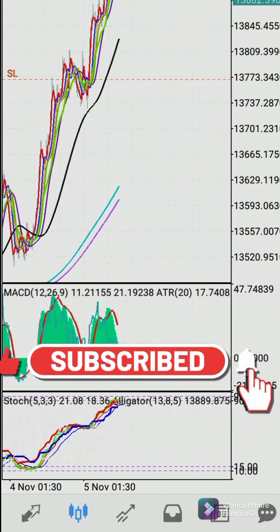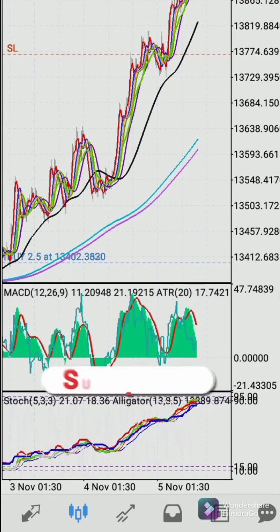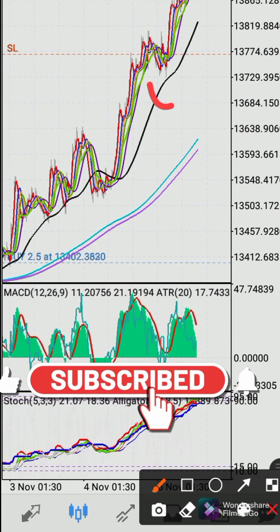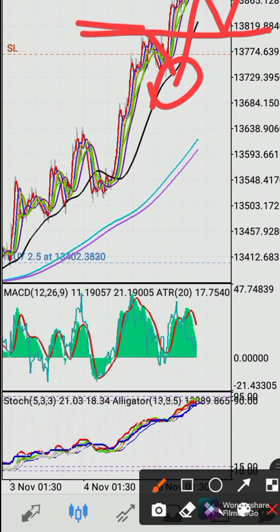But now look at what the market did. The market came back and finished its pullback here, and it's going up, and that's why our stop loss was just around that area. If the market pulls back down here, does not break it and continues going up, then I will shift the stop loss close to this pullback as well.